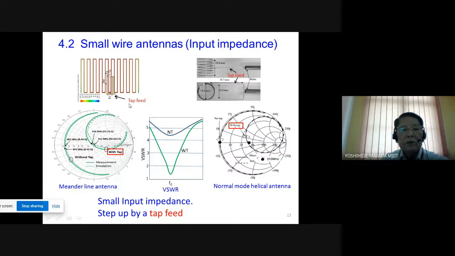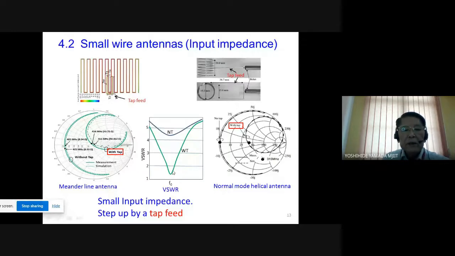This is called tap feed. For the normal mode helical antenna, we also attach this tap feed. Then we can achieve the step up of input resistance. This also steps up the original input impedance to almost near 50 ohm.